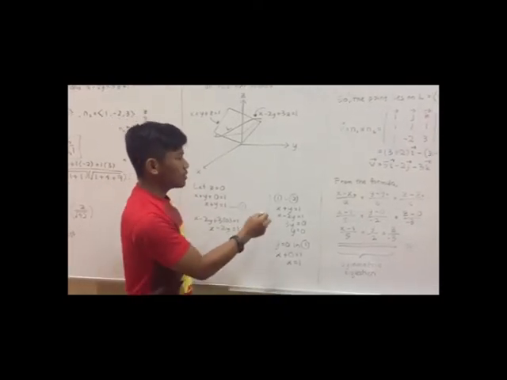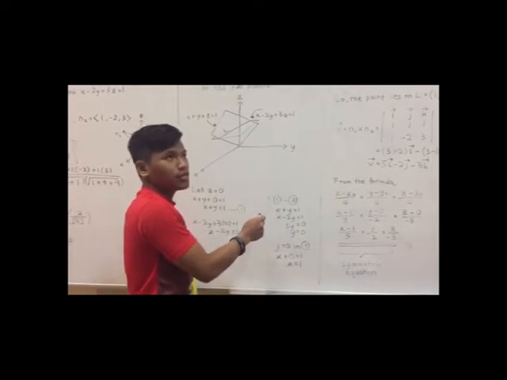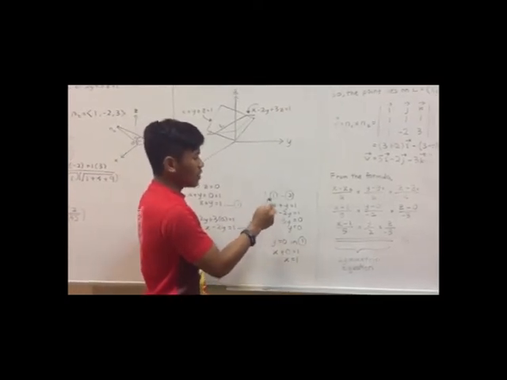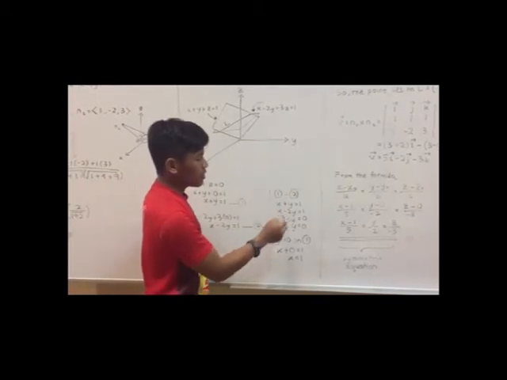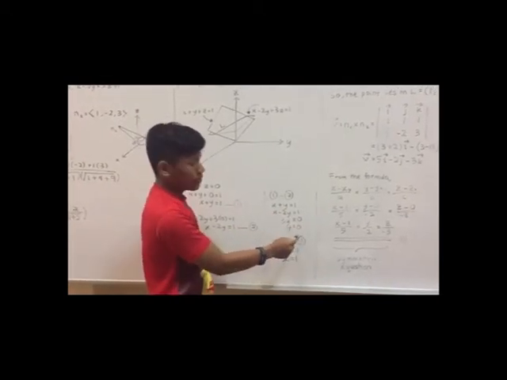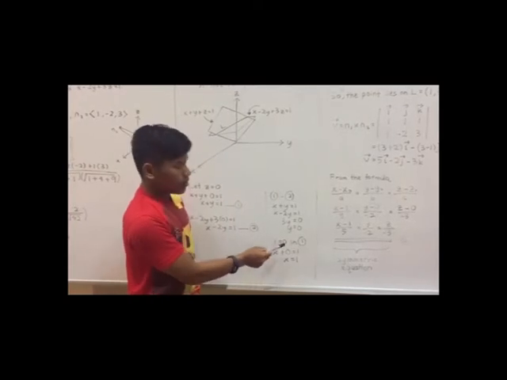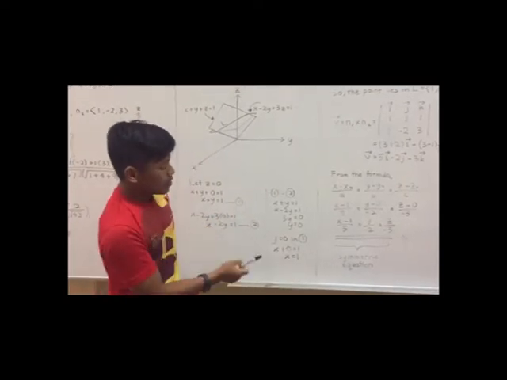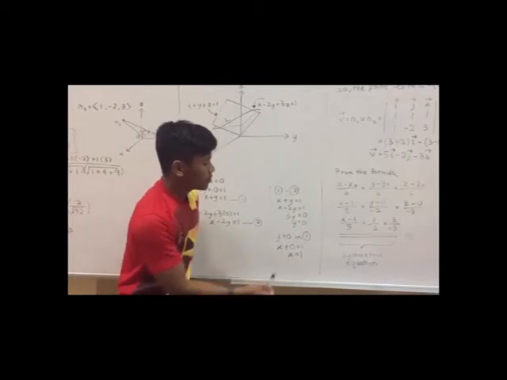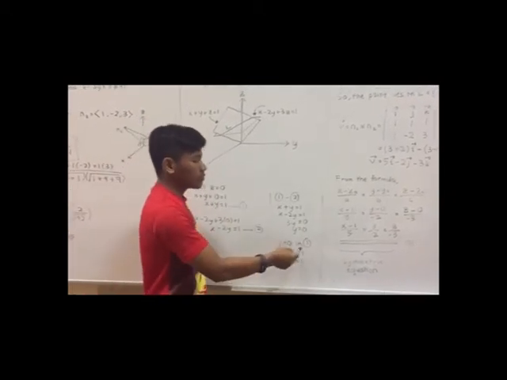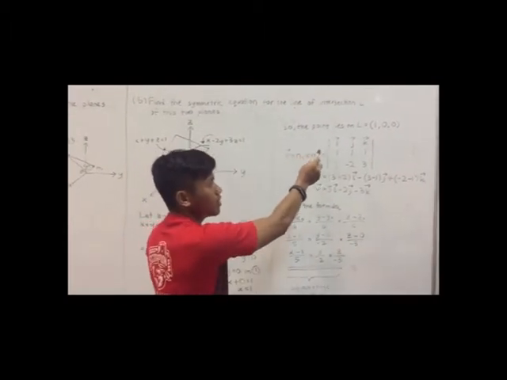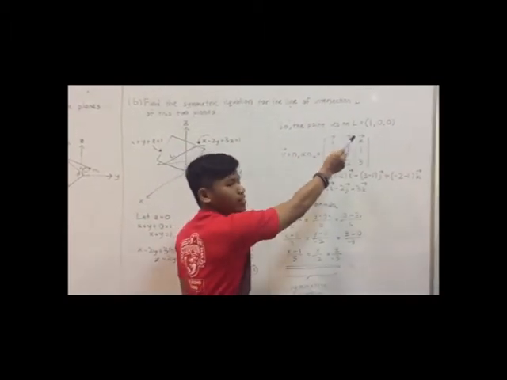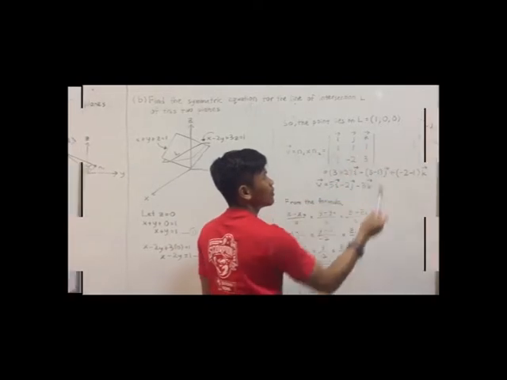We do the elimination step where equation 1 minus equation 2. Then we get y equal to 0. Then we substitute y equal to 0 back into equation 1, and we get x equal to 1. So we conclude that a point on line L is (1, 0, 0).